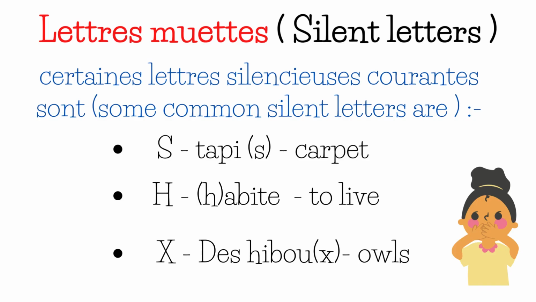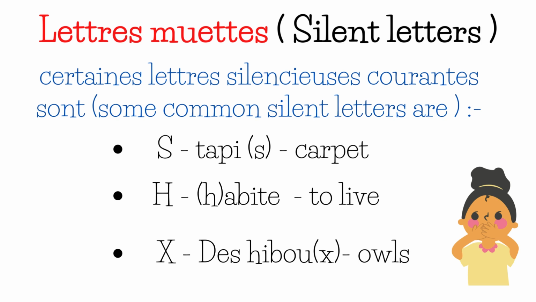Next, silent letters. There are certain silent letters in French, such as S, H, X, P, D, T. So we'll look into those silent letters. For silent letters, lettres muettes.